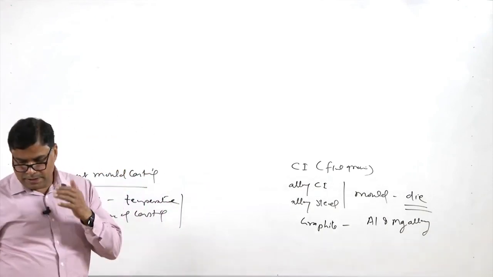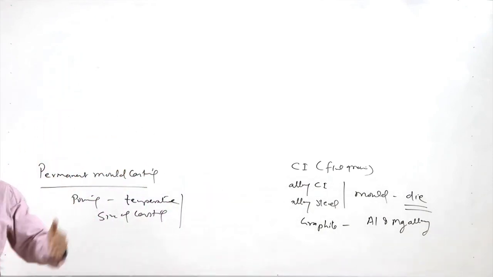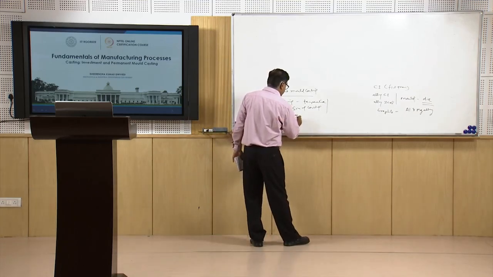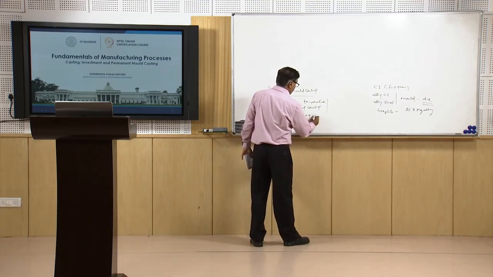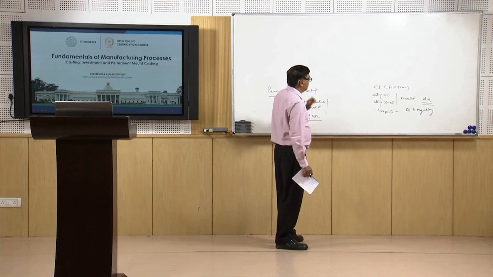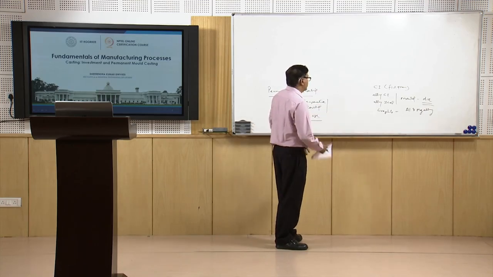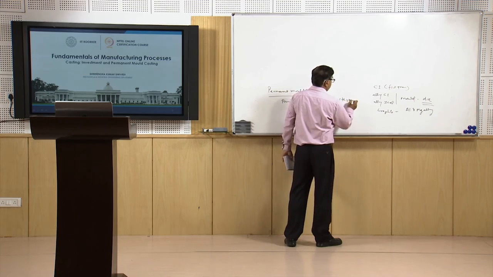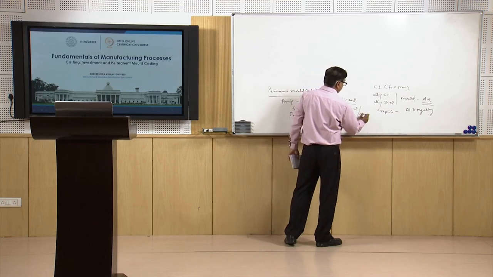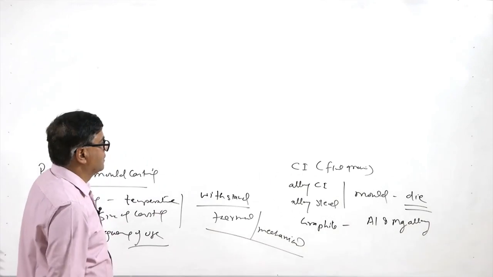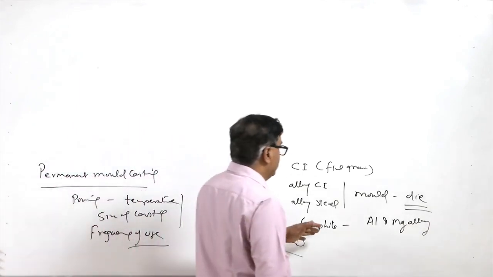Since these molds will be used repeatedly again and again, depending upon the frequency of use of the mold, size of the casting and the pouring temperature, suitable metal is selected, so that it can withstand the thermal and mechanical loads related with the permanent mold casting process. So, the selection becomes crucial.